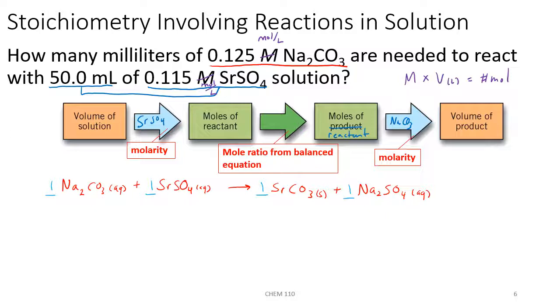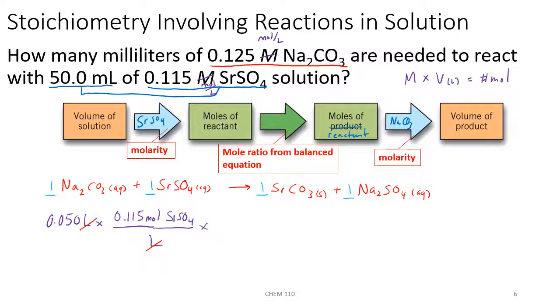So if we start with our 50 milliliters in units of liters, that would be 0.050 liters of our strontium sulfate solution. If we multiply by our concentration in molarity, 0.115 moles of strontium sulfate per liter, notice our liters are going to cancel, and that's how we get into moles of strontium sulfate.